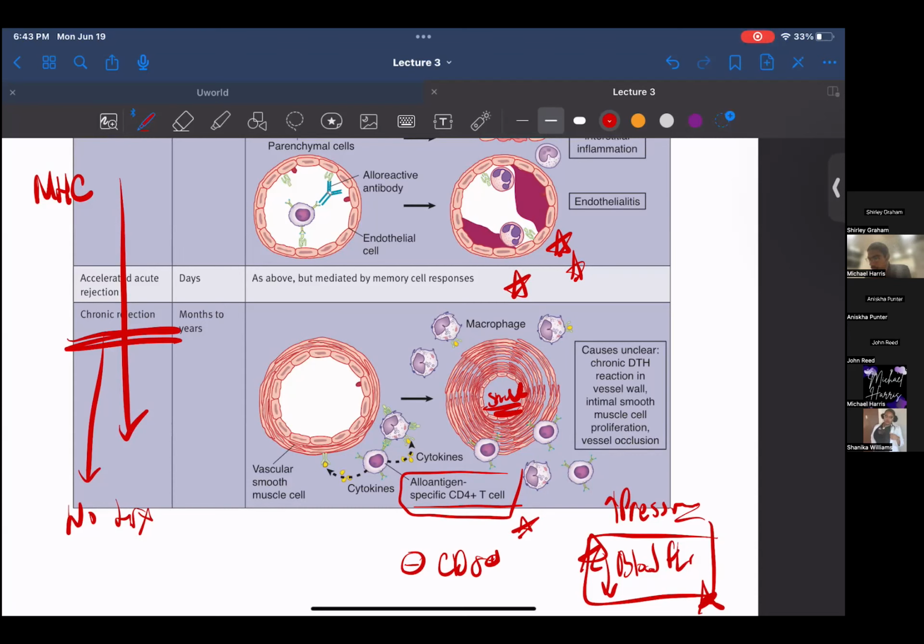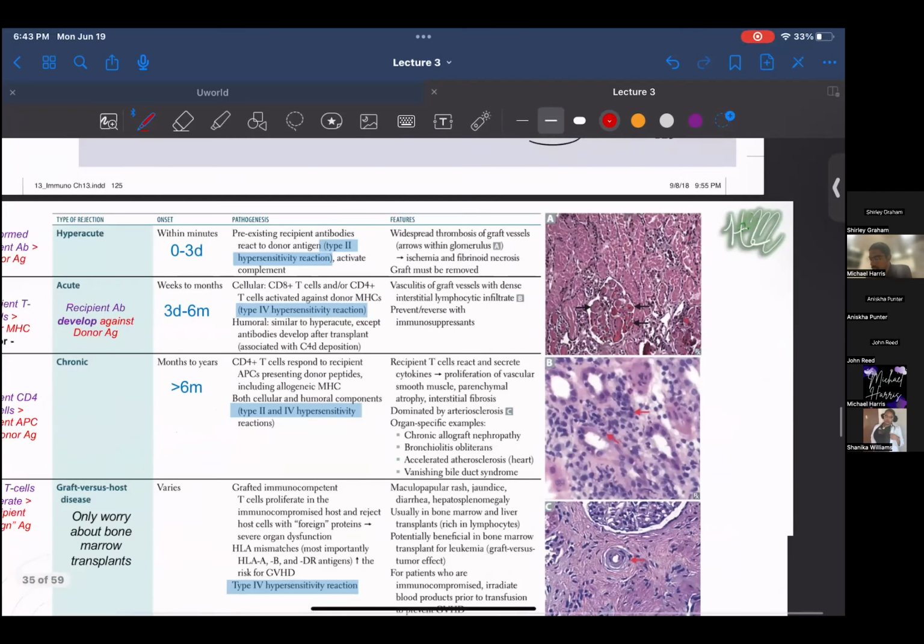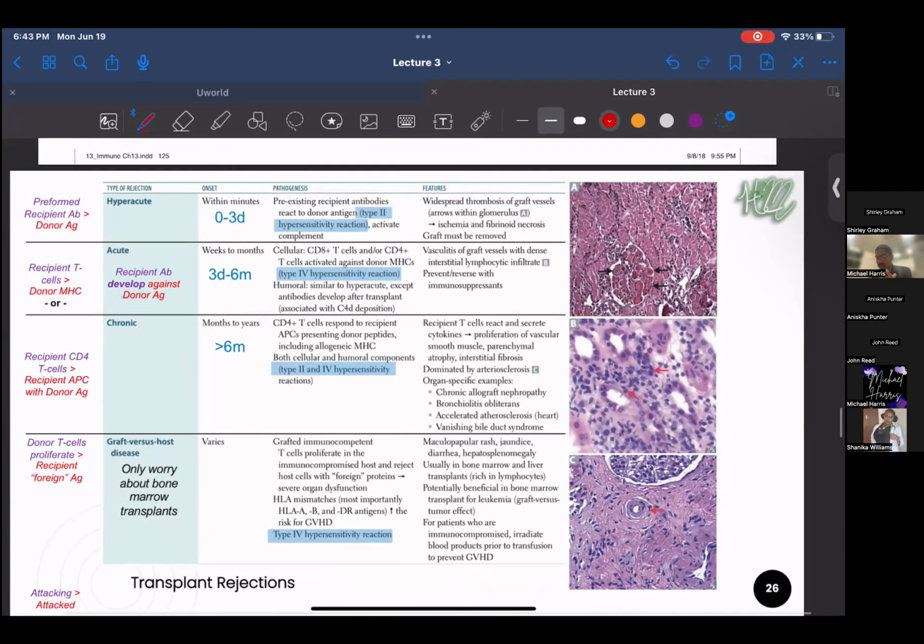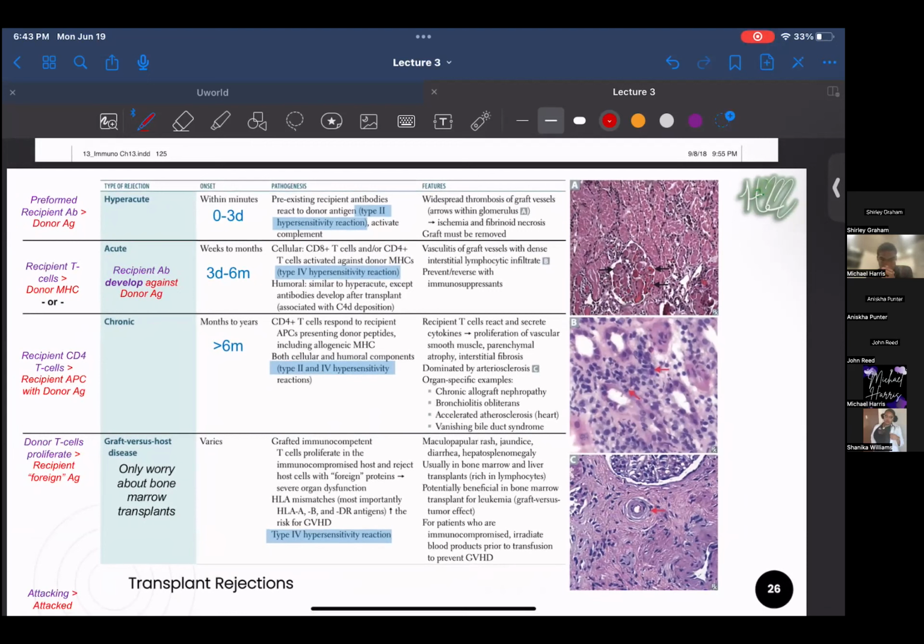Okay, great. Now, here is showing you the same thing, but now in First Aid form. I'll tell you the page in a minute, but essentially what you're looking at here is the timeline.